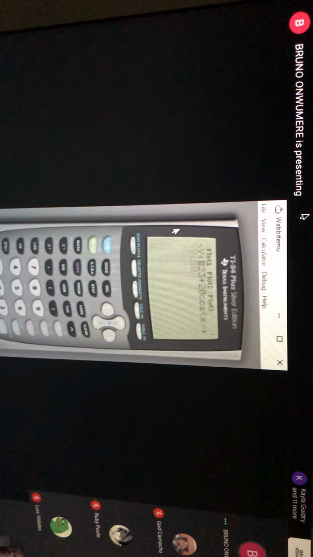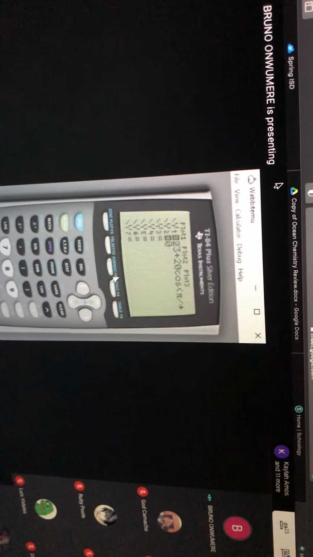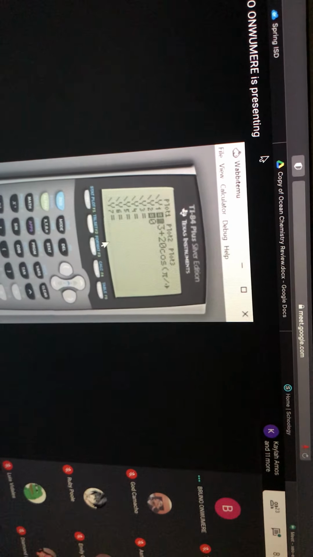Are you ready? I go to my calculator, go back to y equal to. First of all, I have to turn it on again. Look at my graph right there. Now, go back to y equal to. Instead of the 0 in y2, I'm going to put 18.